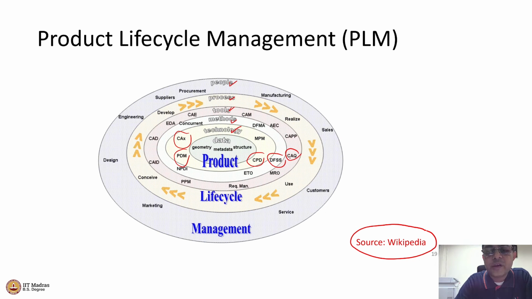CAQ is computer aided quality. CAID is integrated design. EDA is engineering design automation. CAM, all right. MRO is maintenance, repair and operations. So you know all these things here, right? This is essentially a central repository of the product related data. All right, so that is our PLM.